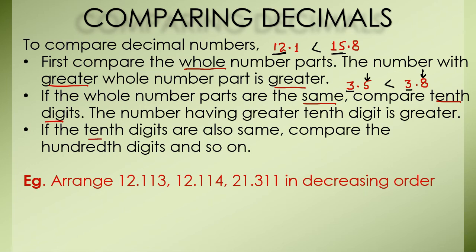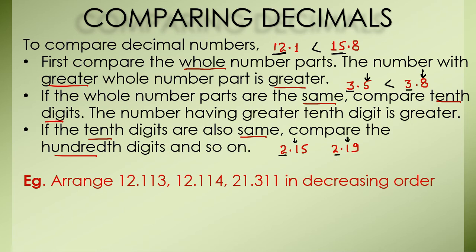If the tenth digits are also the same, compare the hundredth digit. So in some numbers, the tenth digit is also the same. So 2.15 and 2.19. Two numbers are given to us. In these two numbers, the whole number parts are equal. The tenth digits are also the same.